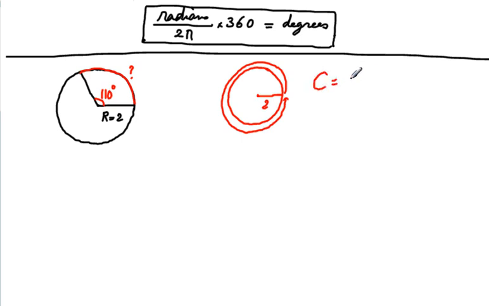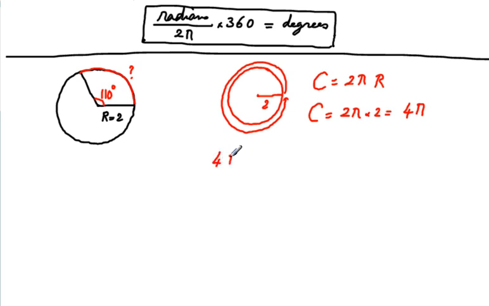Circumference is equal to 2 pi r. So if you had traveled through the whole thing, you would have traveled 2 pi times 2 miles. I have traveled 4 pi miles if I go all around. But I didn't go through the whole circle. I just went through 110 degrees of it. Well, how many degrees is the whole thing? 360. I went through 110 of them. So what fraction of this thing did I travel?